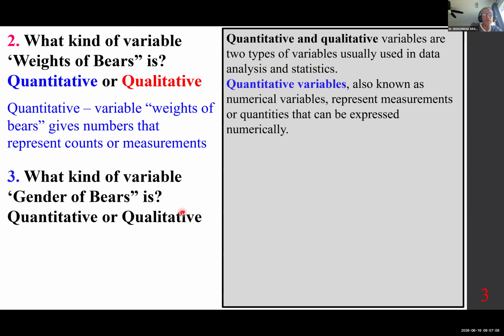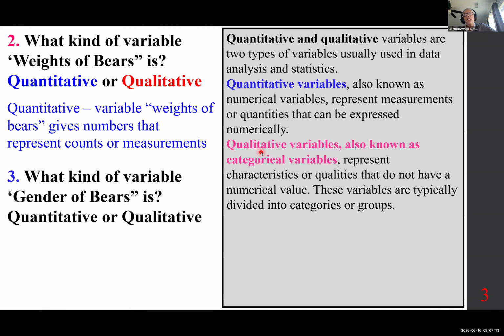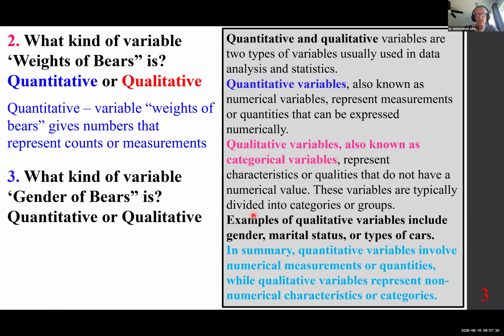What about gender of bears? What kind of variable is that? Qualitative variables, also known as categorical variables, represent characteristics or qualities that do not have a numerical value. These variables are typically divided into categories or groups. Examples of qualitative variables include gender, marital status, or types of cars.